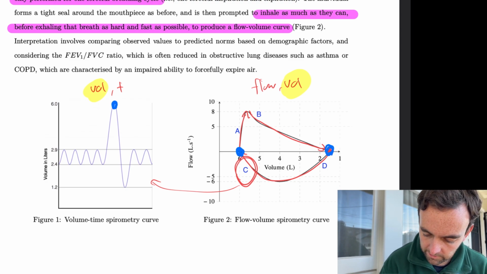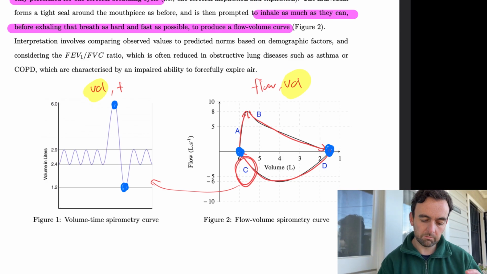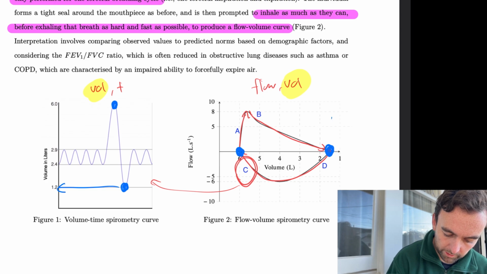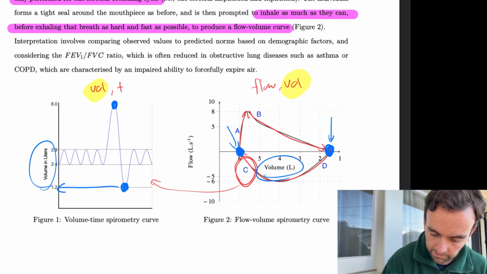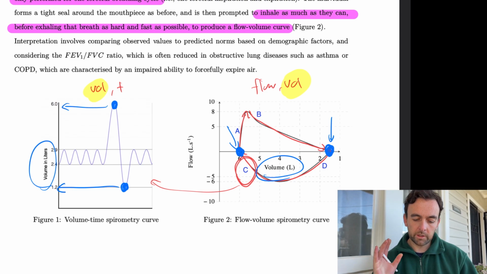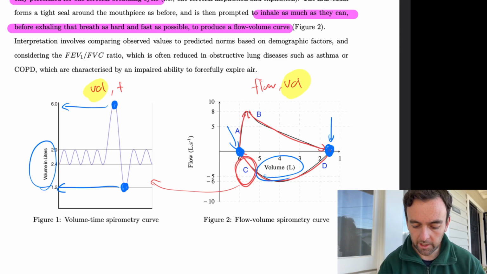And when the lungs are kind of more empty at 1.2-ish, we know that it's this point here. How do I know that? Because these both have 1.2 as their volume. Right? They both have 6 as their volume. So if you can find a variable that's shared between graphs, then you can actually relate them based on that shared variable.